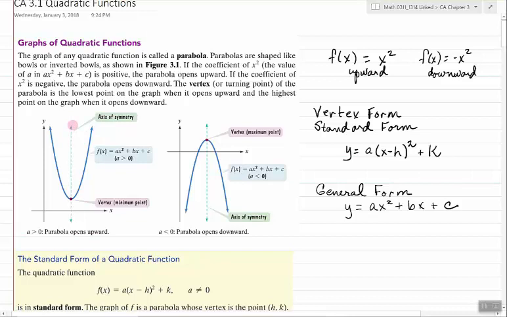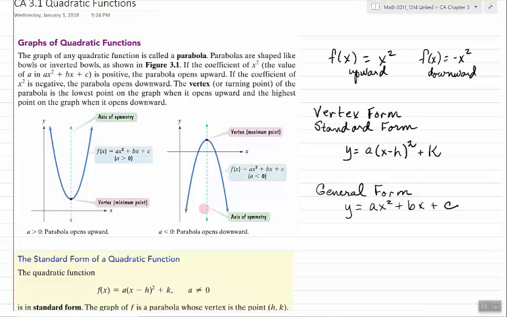It has what is known as an axis of symmetry, meaning about this line, you could call it a folding line, there is a matching point on this side and this side. Even if it opens downward, this one also has an axis of symmetry. The axis of symmetry is a vertical line. All vertical lines are of the form x equals a number.